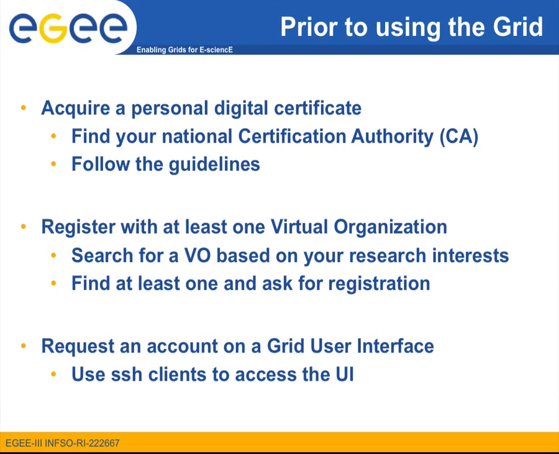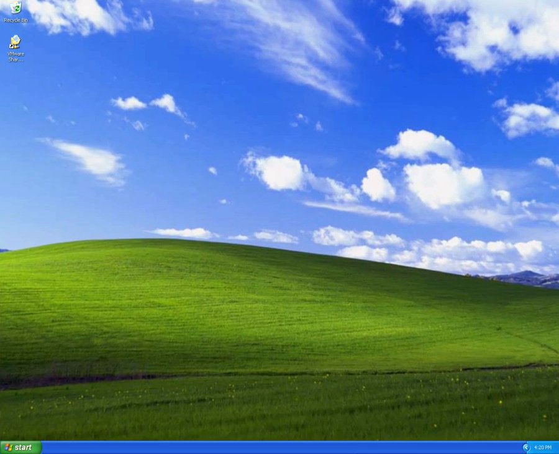To access the user interface and through that the grid infrastructure, you will need to use SSH clients. SSH stands for Secure Shell, and it is the protocol used in order to connect to Unix-based servers. During this tutorial, we will quickly go through two such clients, namely PuTTY and WinSCP.